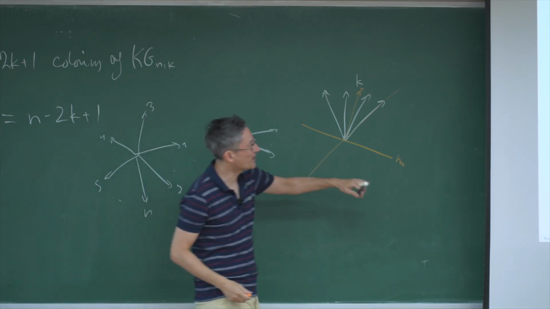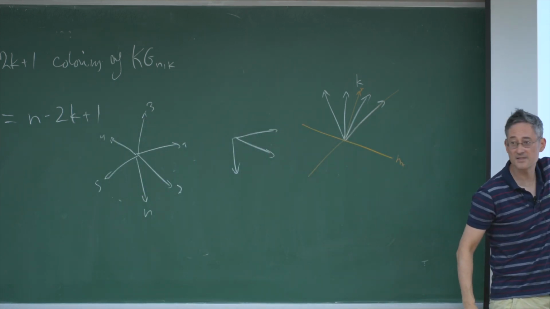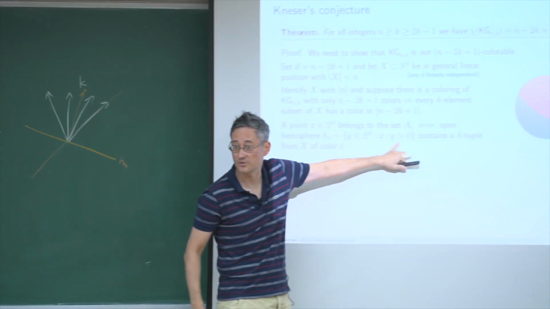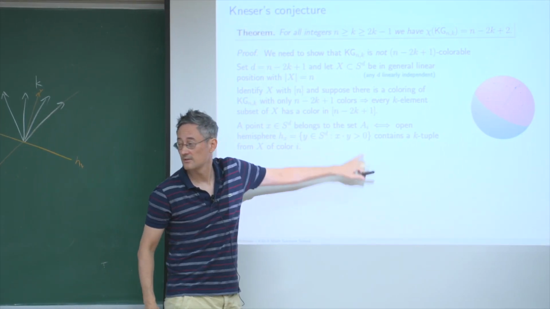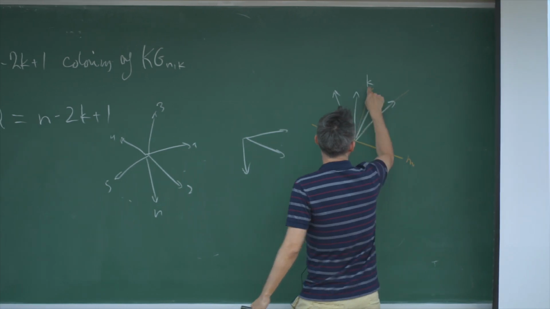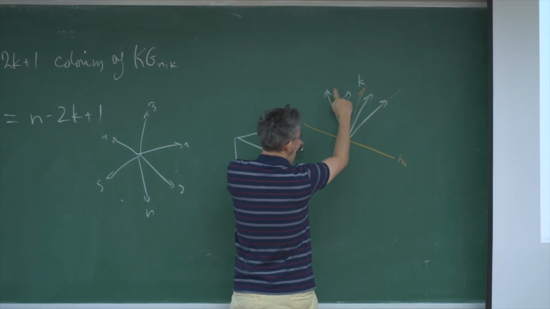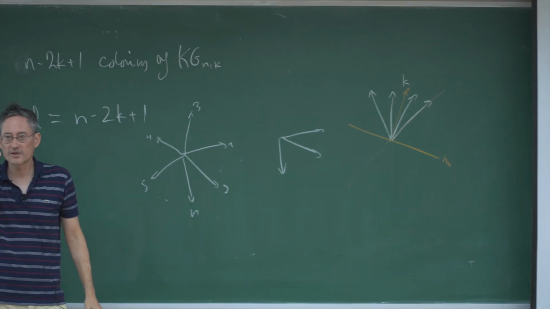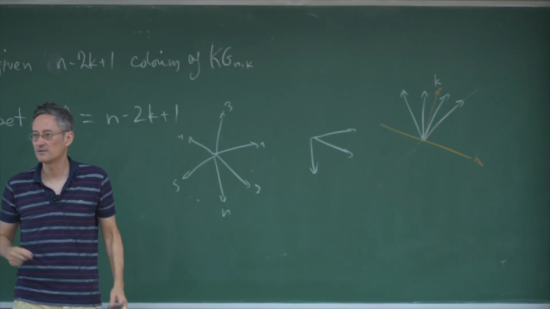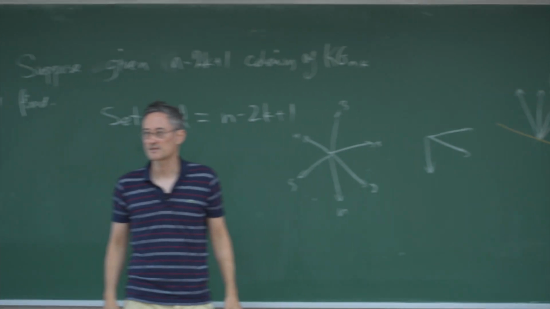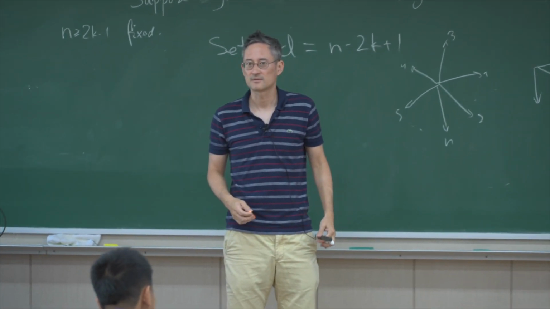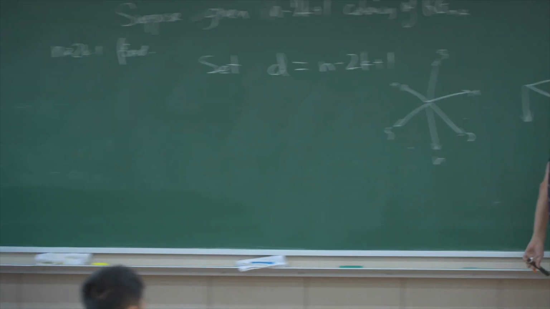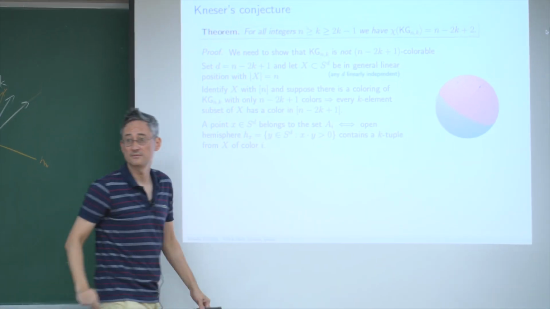No, I'm looking at the open hemisphere. This is important, right? This is the open hemisphere containing that k-tuple. So the set of x's of half spaces like this that contain that specific k-tuple, that's an open set. And if you look at all the k-tuples of a fixed color, it's just a union of open sets. That's an open set. So each A_i is an open set.